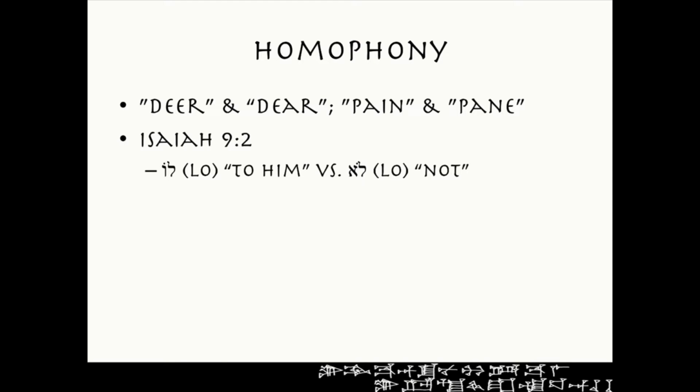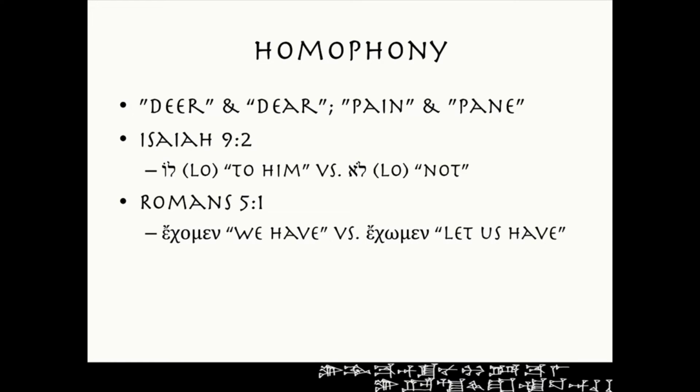Or in other manuscripts, we have lo, the word for no or not. And of course, you can see the sounds are exactly the same, lo and lo. So you can see how those two would be mixed up. We've talked about this in a previous video, Romans 5:1, the difference between echomen, we have, and echomen, let us have.